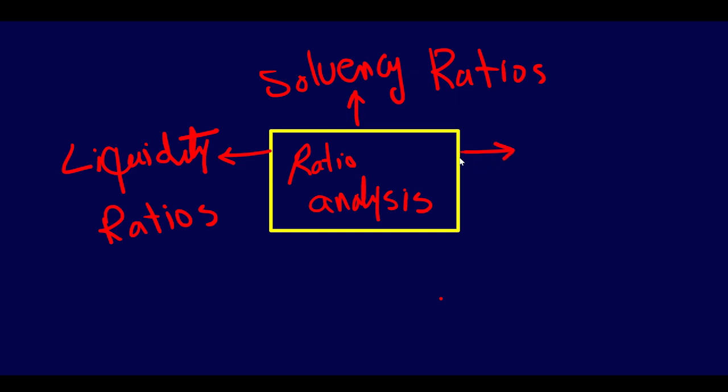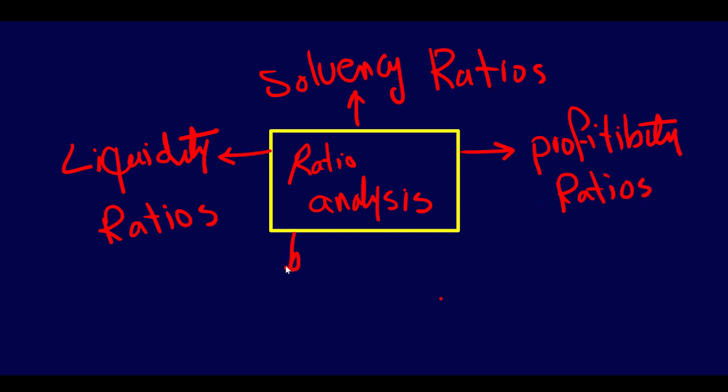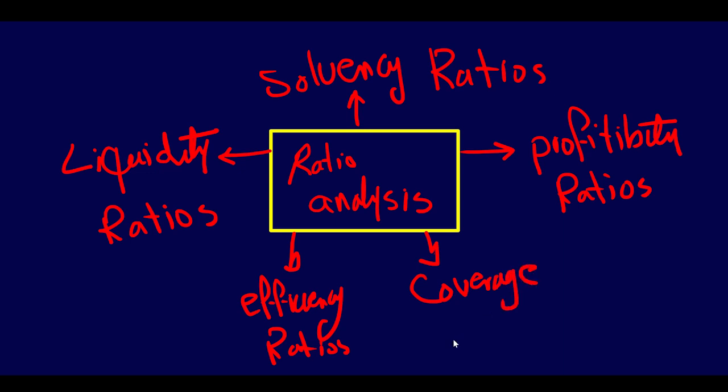Number three, profitability ratios. Number four, efficiency ratios. Number five, coverage ratios.